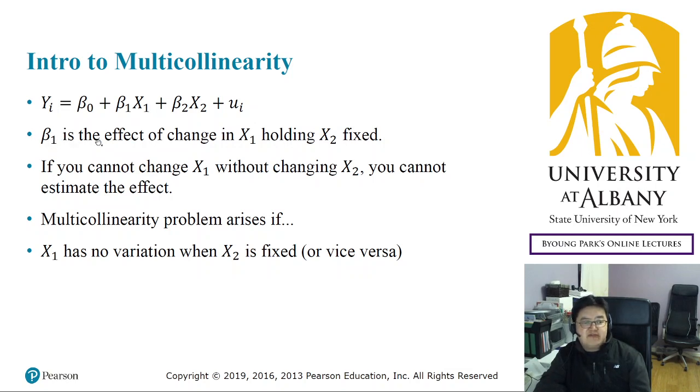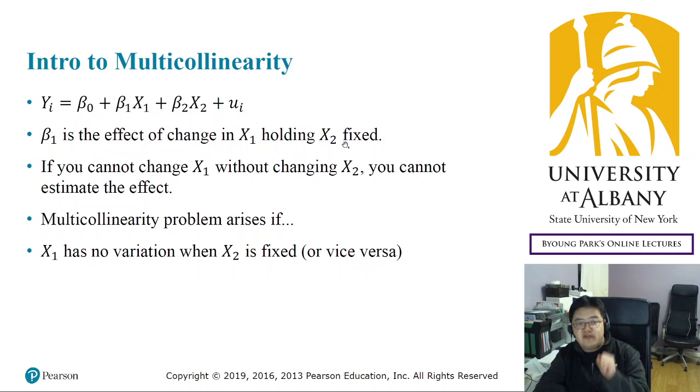Beta 1 is the effect of change in x1. The definition ended here if you had a single regressor. But because there is another regressor, you have to control for the other one. So beta 1 is the effect of change in x1 holding x2 fixed.